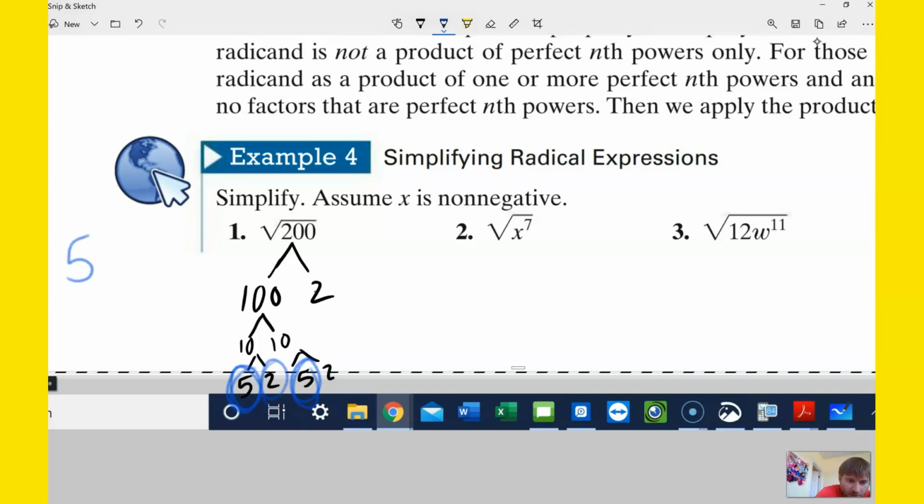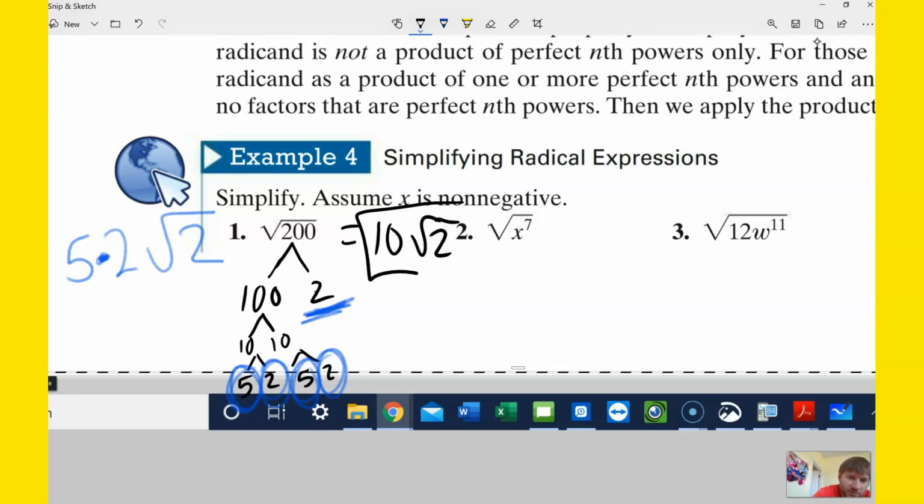We also have a pair of 2s, so that means a 2 also comes out. But then we have one extra 2 left underneath, so that extra 2 stays under the radical. So my answer here, since I got a 5 that came out and a 2 that came out, the 5 and the 2 that came out are going to multiply together and become a 10. And I have one extra 2 left under the radical. So this is the simplified version of this. And they are equivalent. They're equal to the same thing.